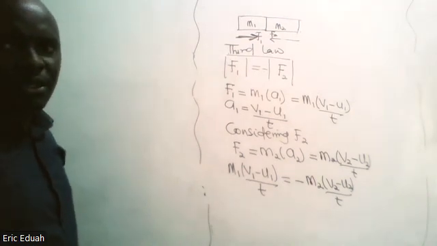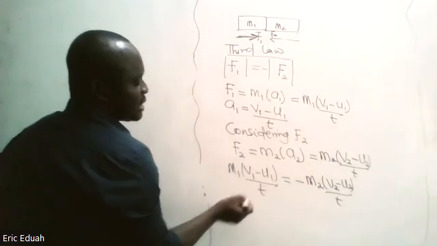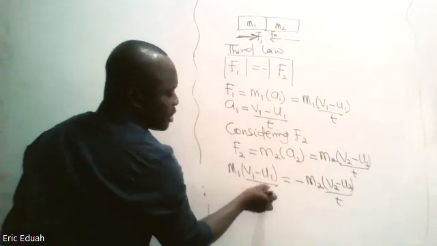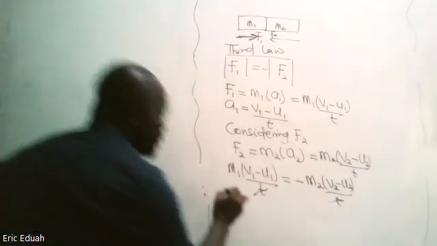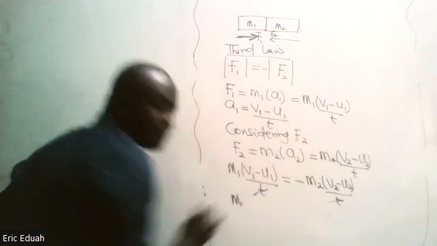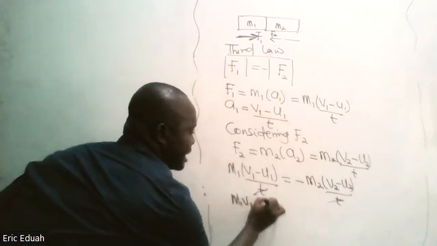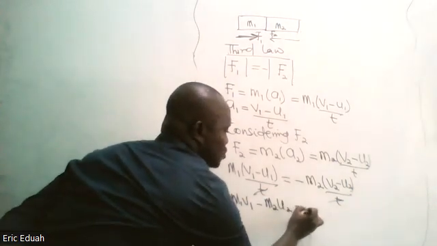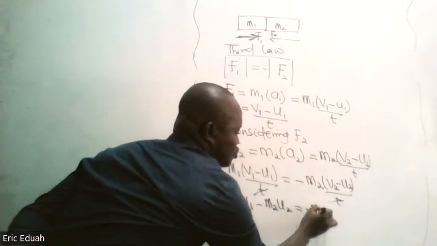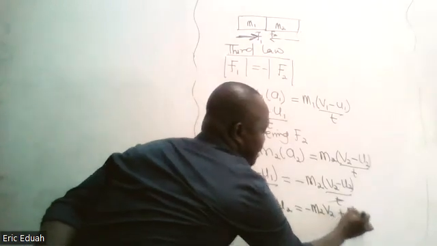Yes, please. Since the time for exertion of the force on each are the same, t would cancel out. Okay, so we have m1 v1 minus m1 u1 is equal to minus m2 v2 plus m2 u2.